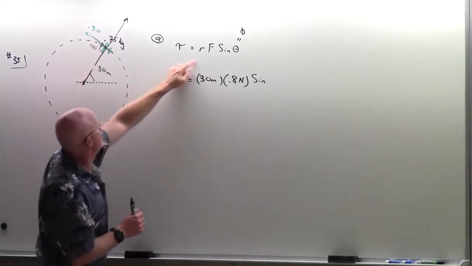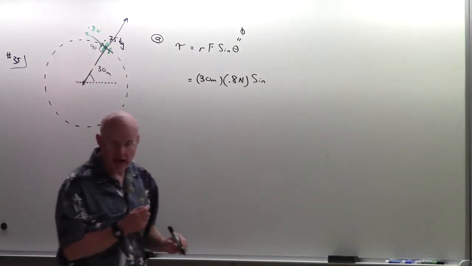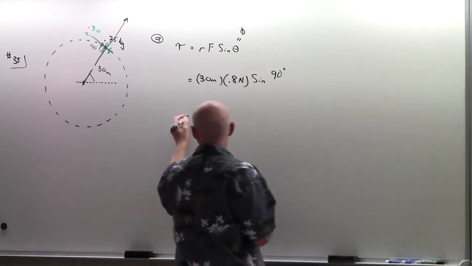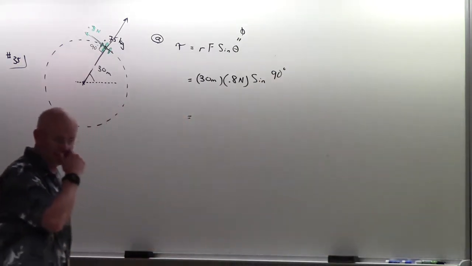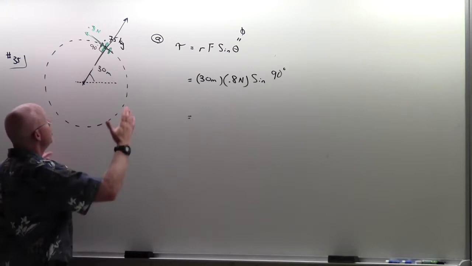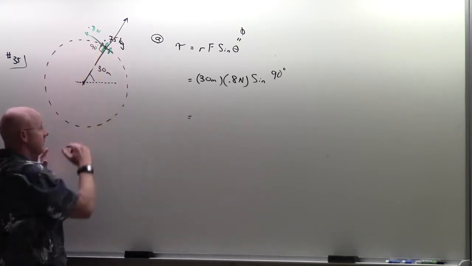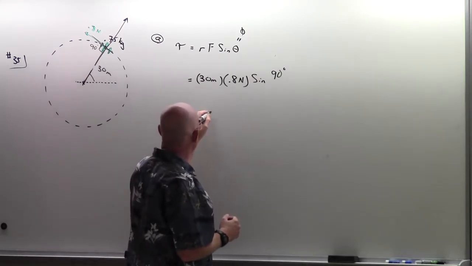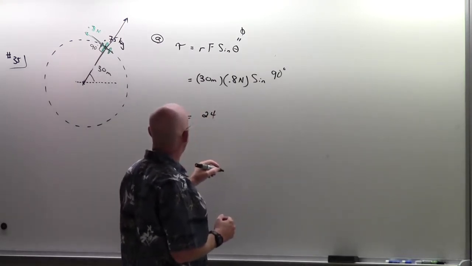It is the angle between the R and the F. And so this is 90 degrees. And of course that hopefully makes sense. Sine of 90 degrees is 1. And so you get the most torque when you push perpendicular. Makes sense. And then 8 times 3 is 24.